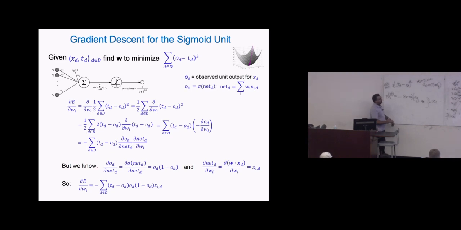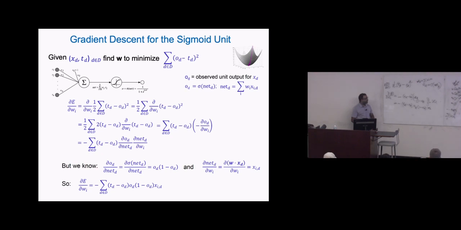Right? So if I do this, it's essentially TD minus OD, then OD times 1 minus OD, times xi. Looks good. Easy to remember.